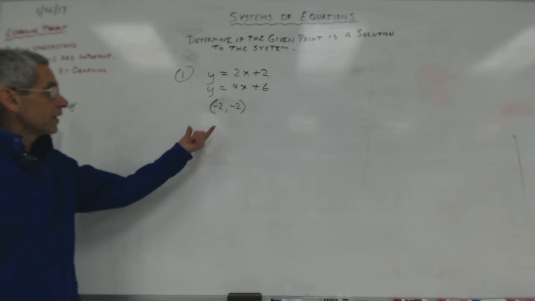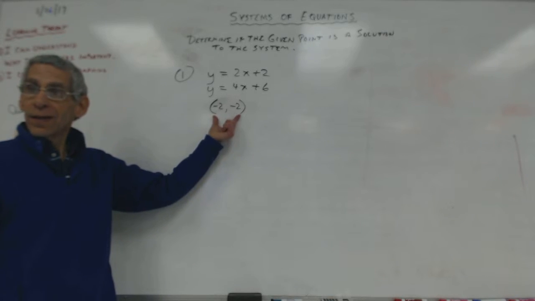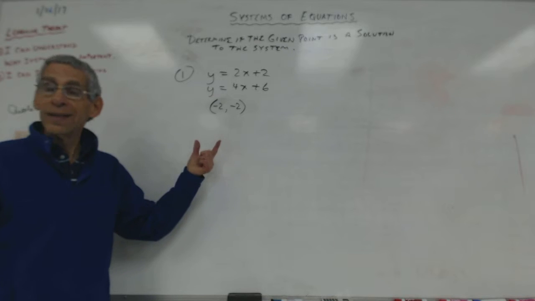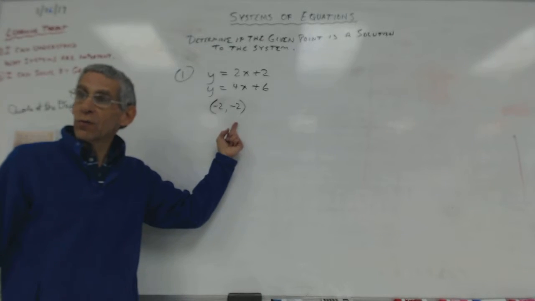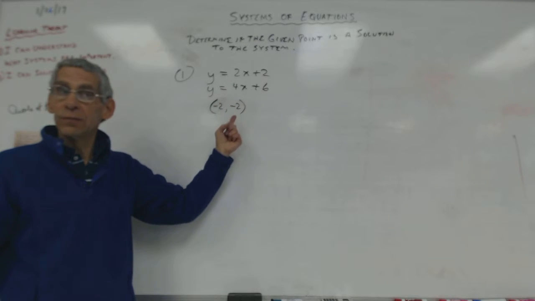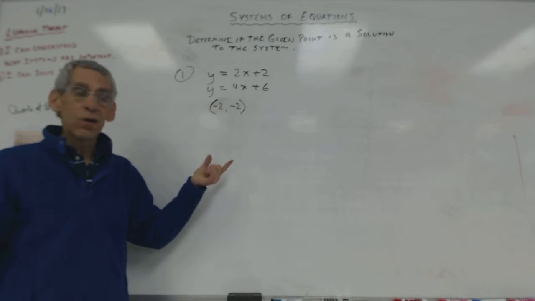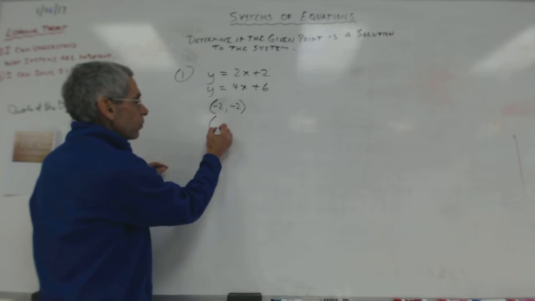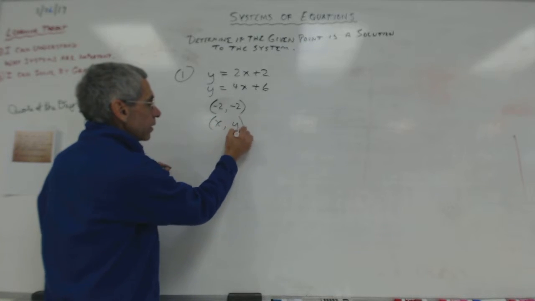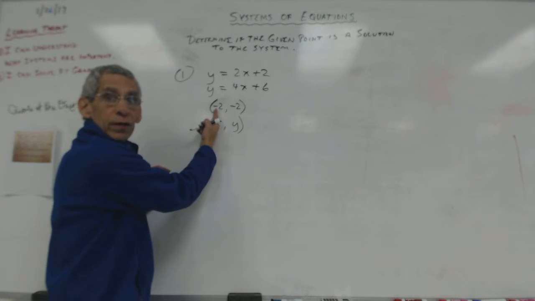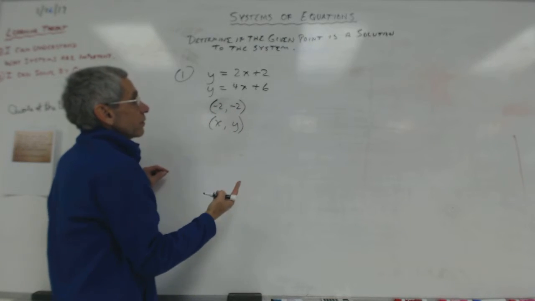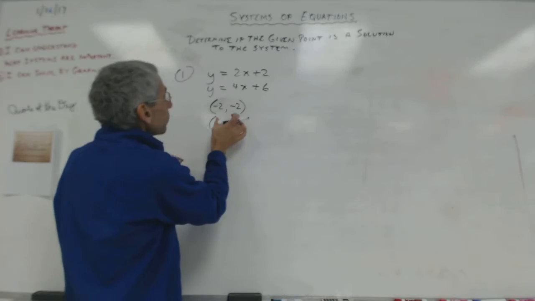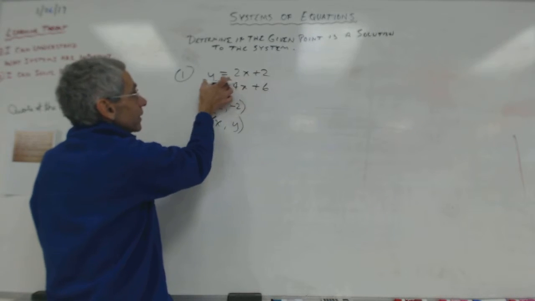So I'm asking, is this point the solution, the absolute exact value for x and the exact value for y that solves this system? So the way I know is I remember every point is an x comma y. So my first number is my x. My second number is my y, right? And so I'm going to plug those into each equation.